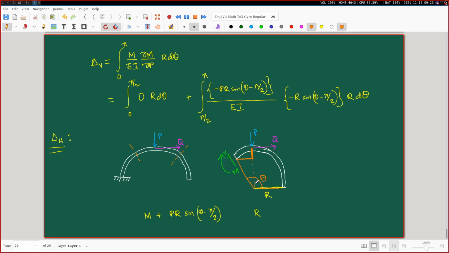So R into... what we are trying to do here is that this entire length is R, and from that I am going to remove this distance which is dashed like this.